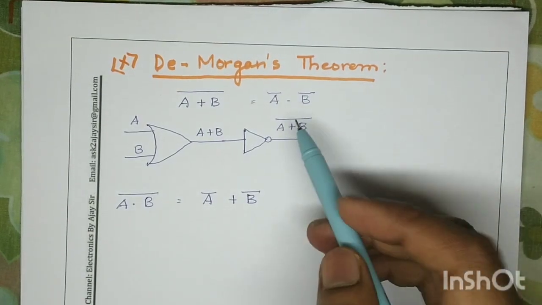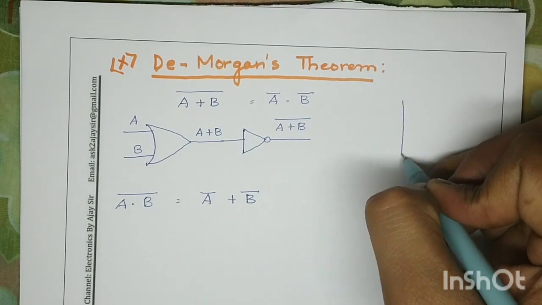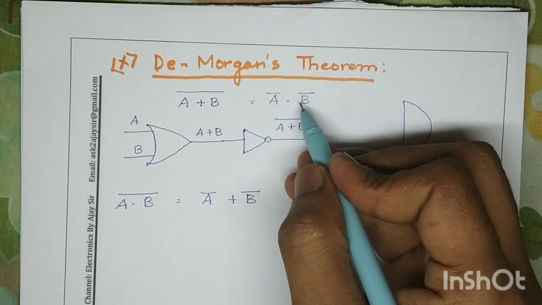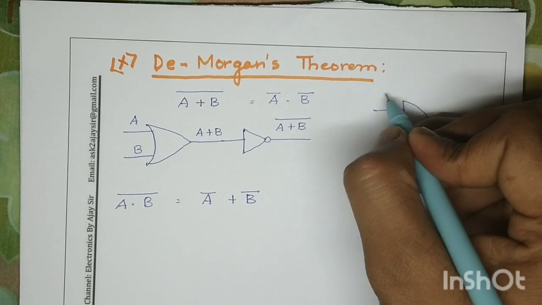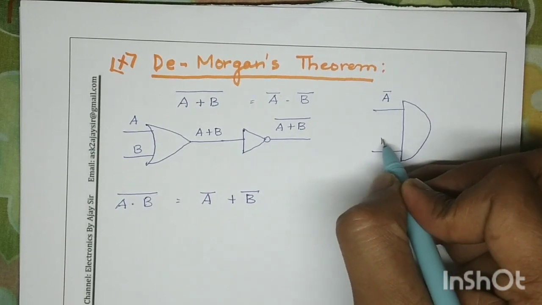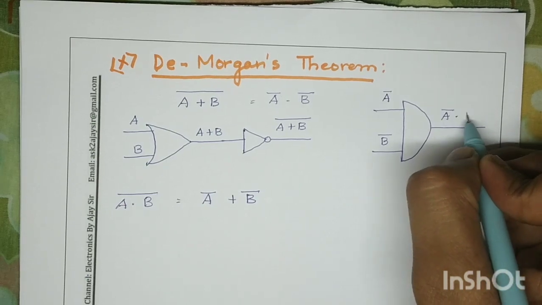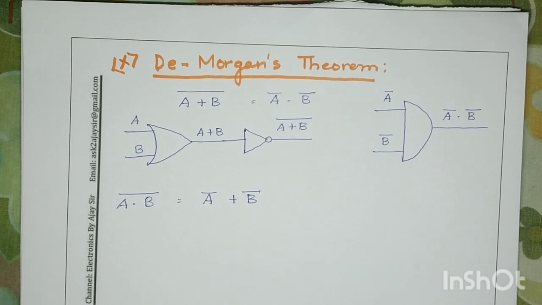Next we have to implement this function A bar dot B bar. So for this dot I need to use an AND gate. There are two inputs A bar and B bar, so I need a two input AND gate. One input is A bar, another input is B bar, and it gives you the output A bar dot B bar. And in my previous slides I have mentioned in digital electronics many times we have the original signal A and we have to generate the complement signal A bar.